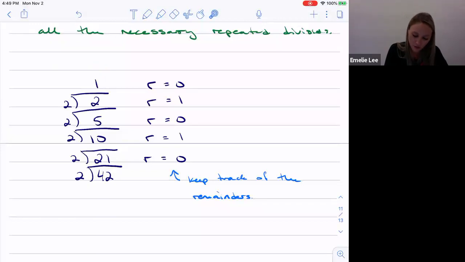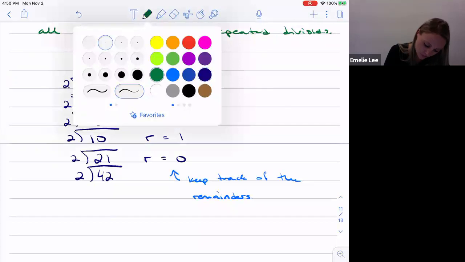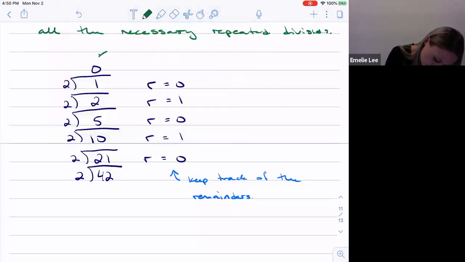So you keep going until you've got 1 divided by 2, and 2 goes into 1 0 times. Keep going until you have 0 here.